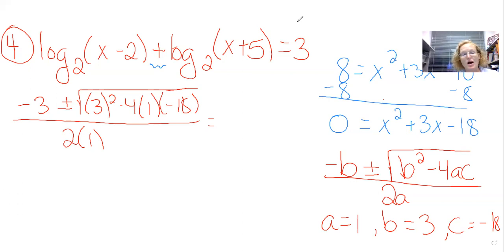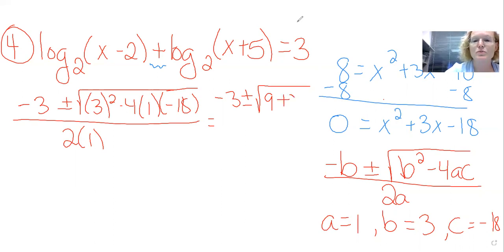Okay, that's kind of a lot, but here we go. Negative 3, there's nothing I can really do with that. Plus or minus, the first thing I see is 3 squared, and 3 squared is 9. Then, if you want to, you can grab your calculator: negative 4 times 1 times negative 18 is a positive 72.